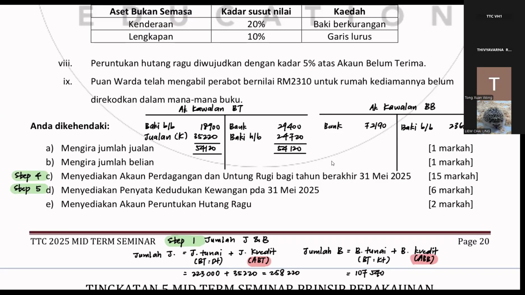And also don't forget, since you got Baki HB, bring it to the opposite side, becoming next year's Baki PB. Okay, then do the same for the account kawalan belum bayar. There's no Baki HB, it's fine. Imbang as usual. Take the higher total. Imbang as usual also.